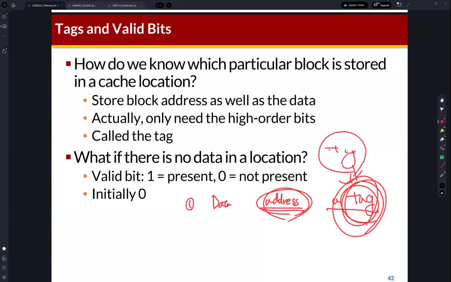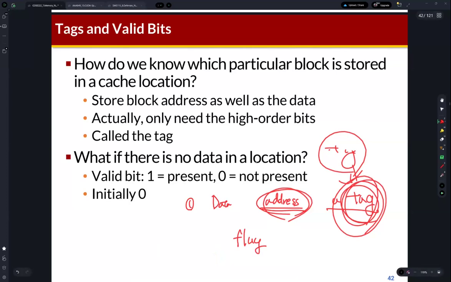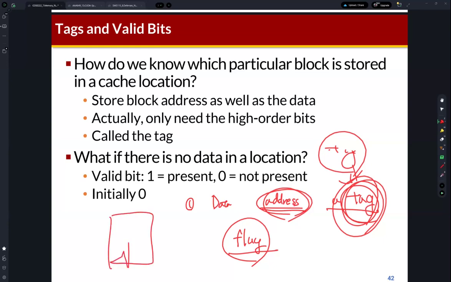Okay, and then the cache also includes the cache flag. The cache flag represents the status of data in a cache, so we also need to store the cache flag in a cache. For example, this is the cache memory, and I mentioned that initially the cache is empty.